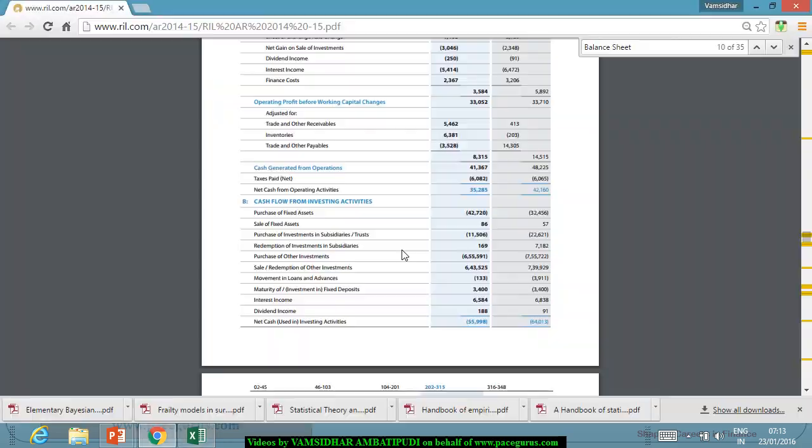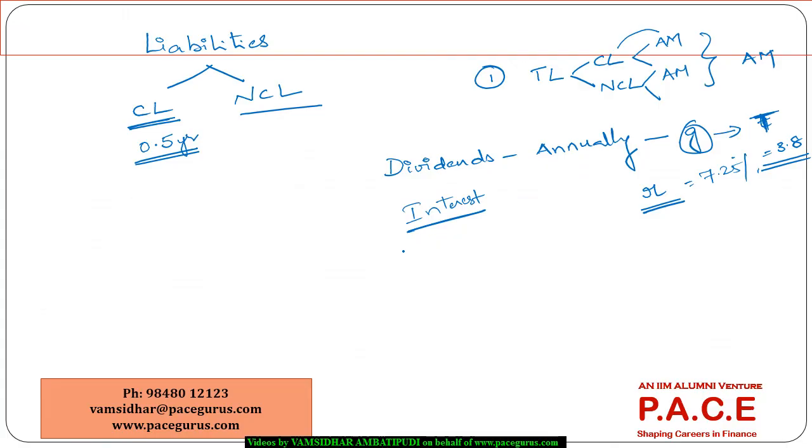Now, if I try improvising this model a little bit, in the basic Merton model, we are assuming that the payoff to the equity holders happens at maturity. But assume that at maturity, the value of the assets is much lesser than just the dividend and the interest itself, very much lesser than the dividend and the interest that is supposed to be paid.